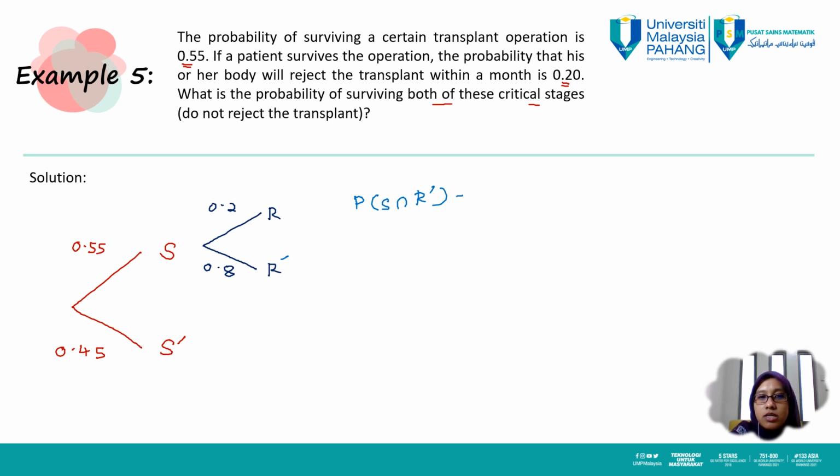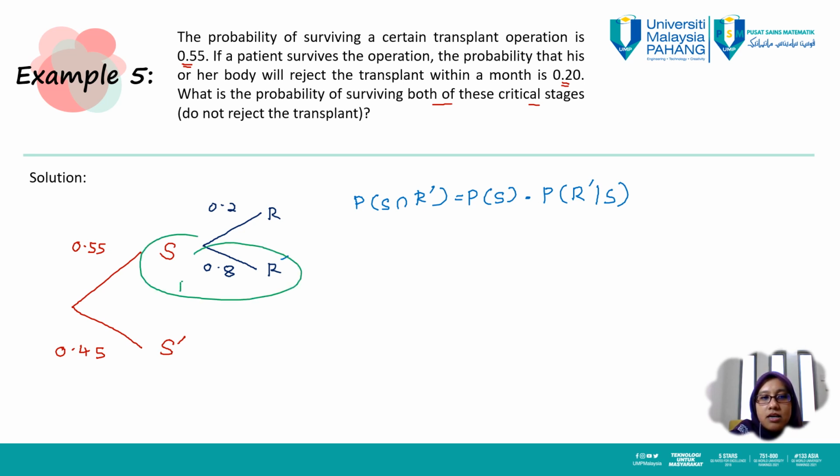Okay, so the formula is probability for S multiply with probability for R given S. So what is R given S? R given S, that means this one here.